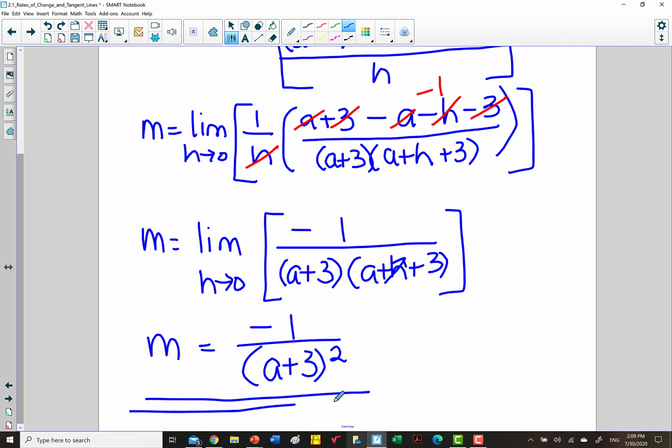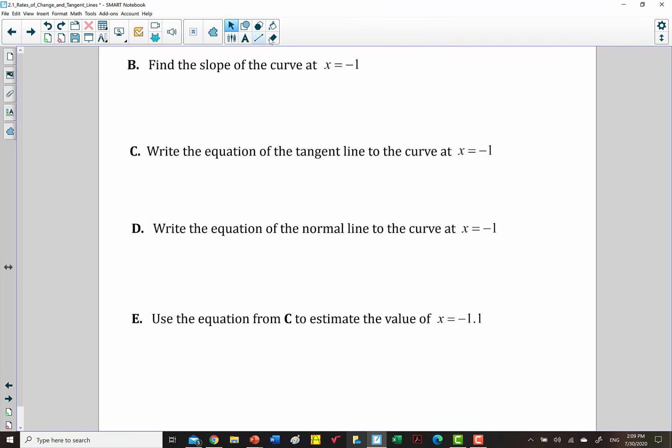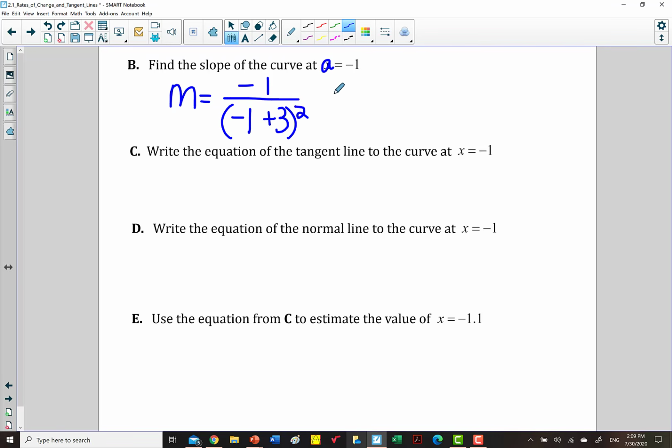Use the limit definition to calculate the slope of the tangent line at some point A. Now, if we carry that forward onto B, I can find the slope of the curve when x is negative 1 by substituting negative 1 into our formula. If we were left with negative 1 over a plus 3 quantity squared, then our slope is negative 1/4 when a is negative 1.